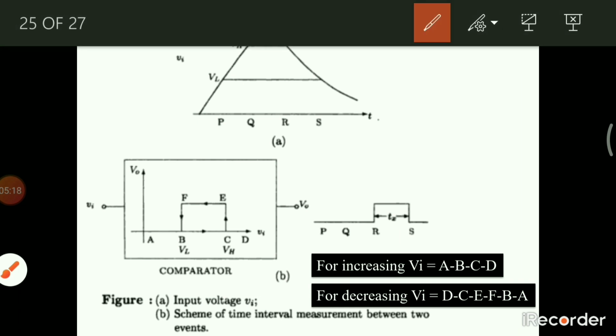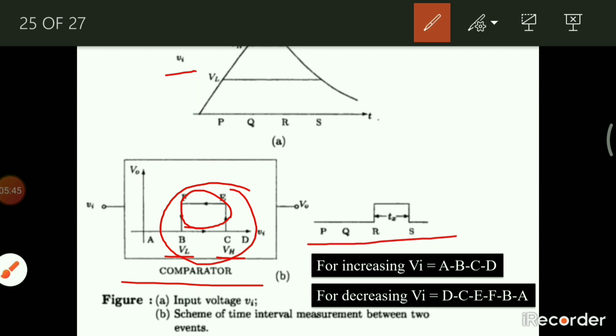If you see, this is our original waveform Vi, which consists of two voltage levels VL and VH. Now we use a comparator circuit. By using the comparator, we'll get a window. The window consists of one level, that is the VL level, and the VH level. So the closed path is formed like this between B, C, E, F, B. Now the output is Rx.